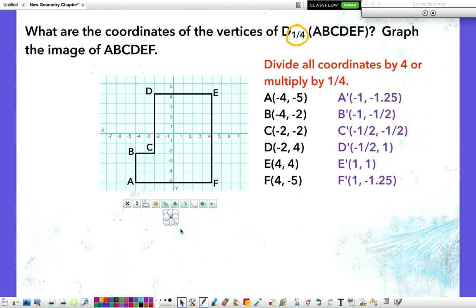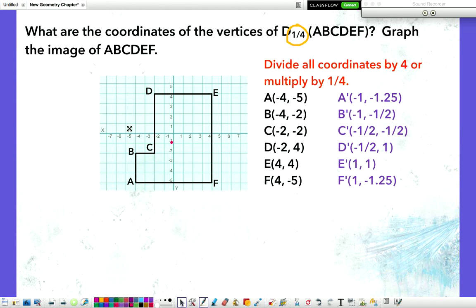Now again, when we're talking about 1.25 or -1/2, like I said, this is just your best estimate of where to put this on the screen.